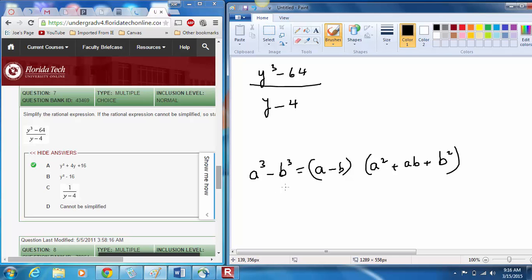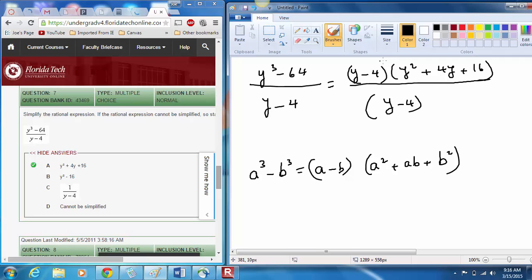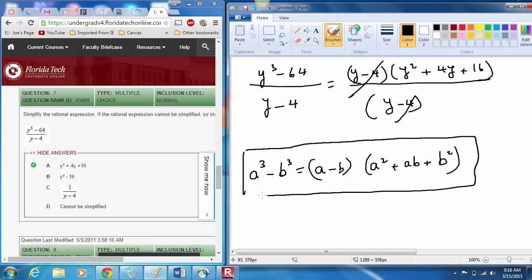This is how we factor a difference of two cubes. So in this case, 64 is 4 cubed, so that would be y minus 4, times y squared plus 4y plus 16, and the denominator is y minus 4. So these will cancel, and we end up with y squared plus 4y plus 16. Remember, this is very important. This is called the difference of two cubes.